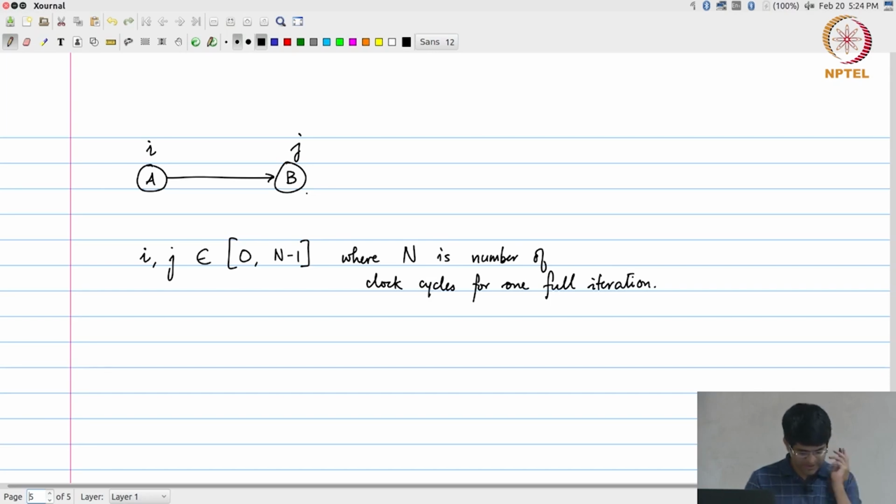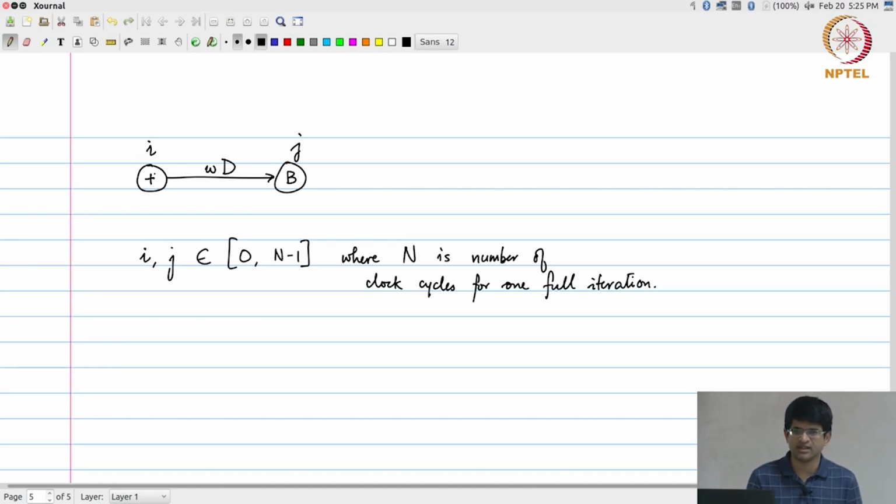Let us say that there are some number of delay elements, some W delay elements on this edge between A to B. Initially, let us assume W is equal to 0. If W is equal to 0, what can I say about i and j? And let us say in particular that A was an adder. What can I say about i and j? j greater than or equal to i plus 1.